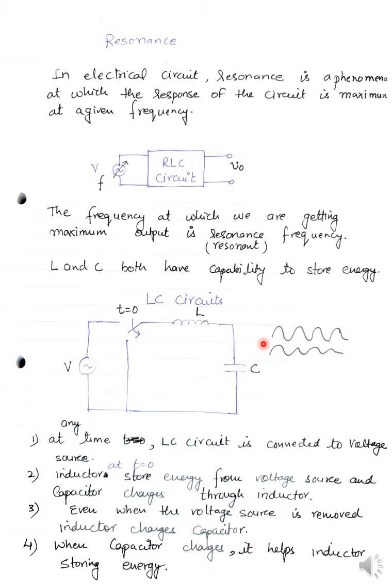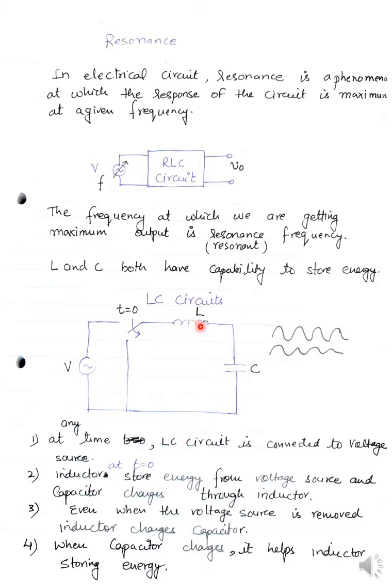Now if we consider that there is no resistance in the circuit, what will happen is that the inductor has some stored energy with the help of which the capacitor is getting charged. So we can say that there will be a flow of energy from inductor to capacitor, and it will be constant if there are no resistive losses. So now the inductor will charge the capacitor.